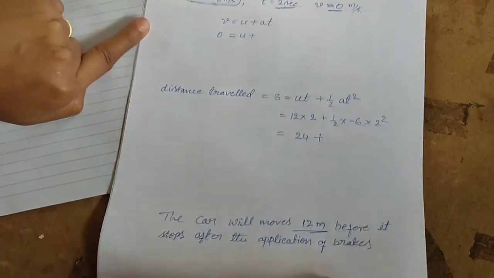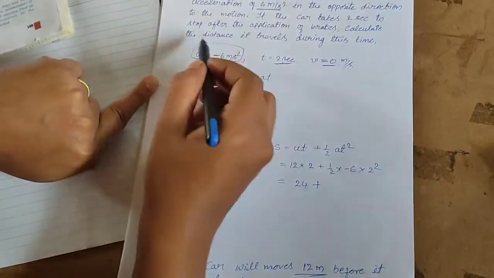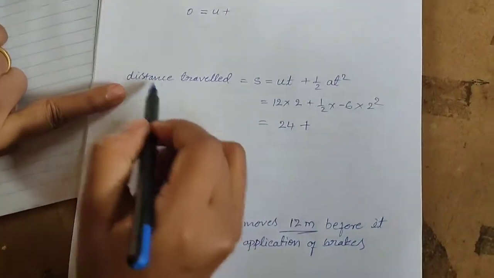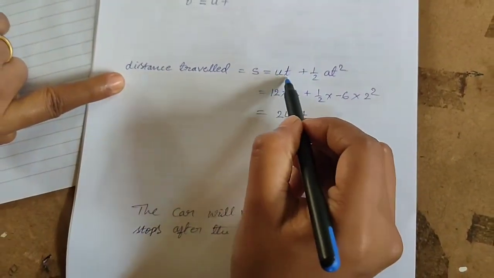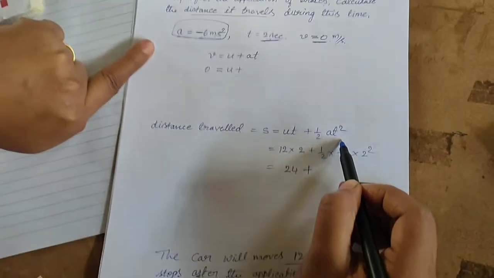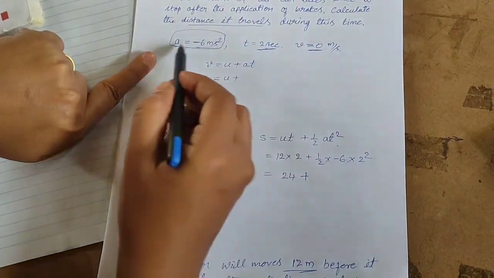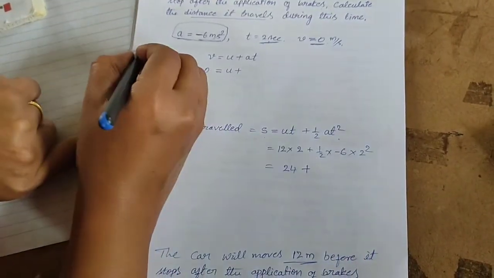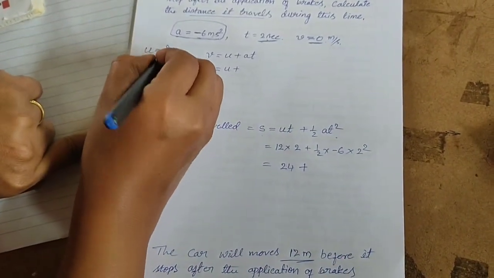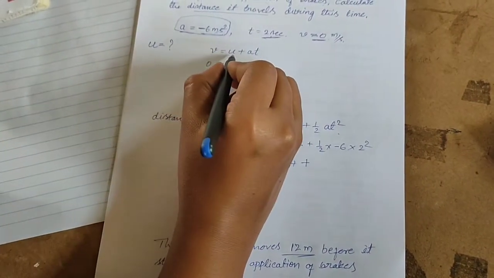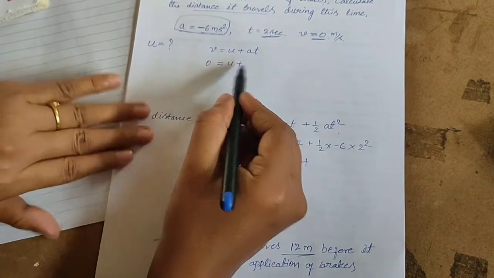Students, what is to be calculated? First we calculate the distance it travels. For distance travelled, you know the formula s = ut + half at square. What is u here? Here u is not given. That's why first we want to find u. How to find u? We use the first equation, v = u + at.